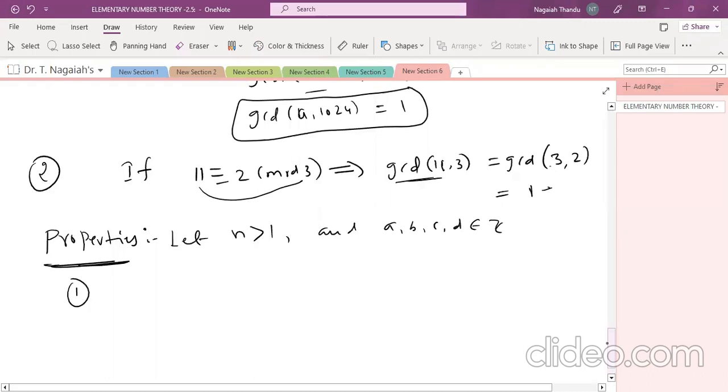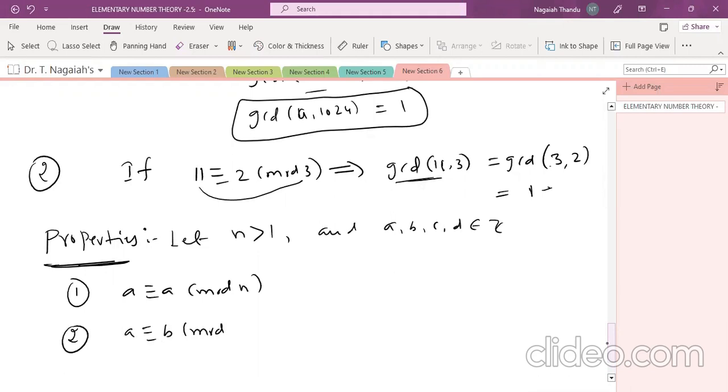Congruence relation is an equivalence relation. So the first property is reflexive: A is congruent to A modulo n. Second, the symmetric property: if A is congruent to B modulo n, then B is also congruent to A modulo n. This is called the symmetric property.